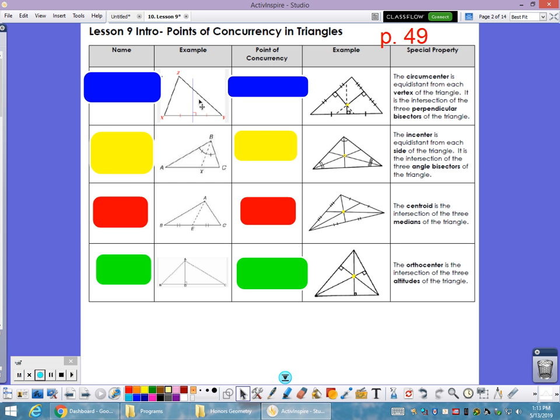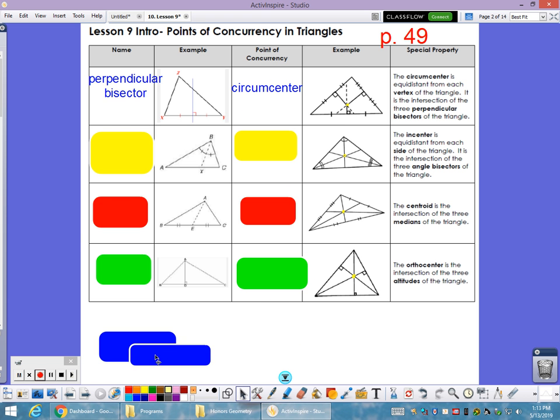If we use a perpendicular bisector on all three sides, the point of concurrency we get is called the circumcenter. That is the center that is equidistant from each of the vertices, which means I can circumscribe, meaning draw a circle around the outside.